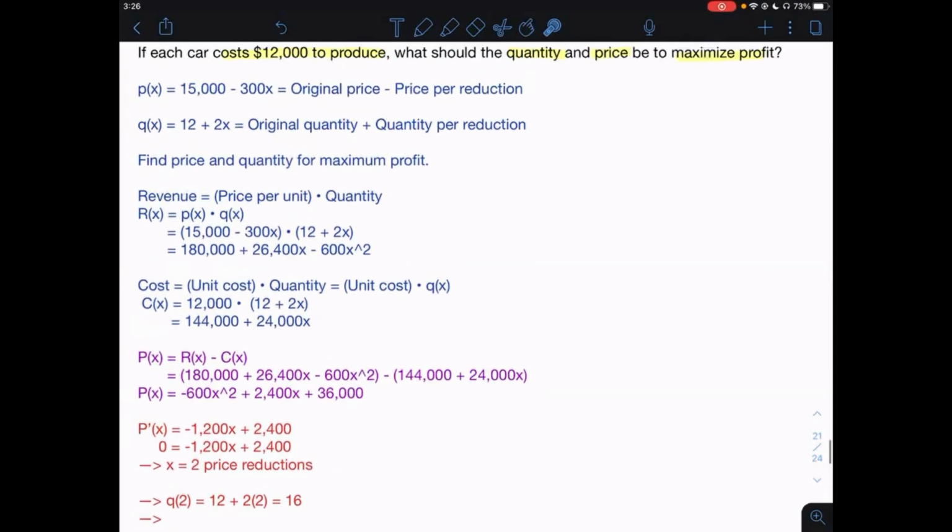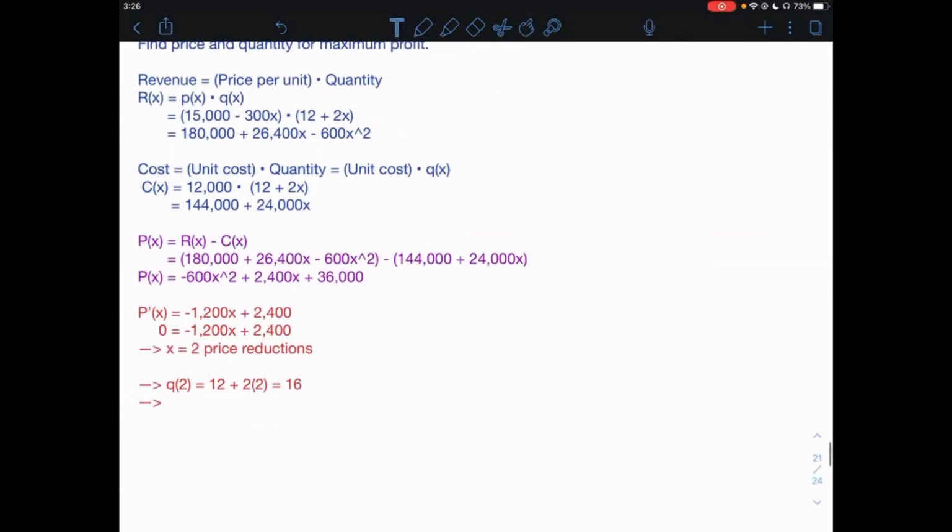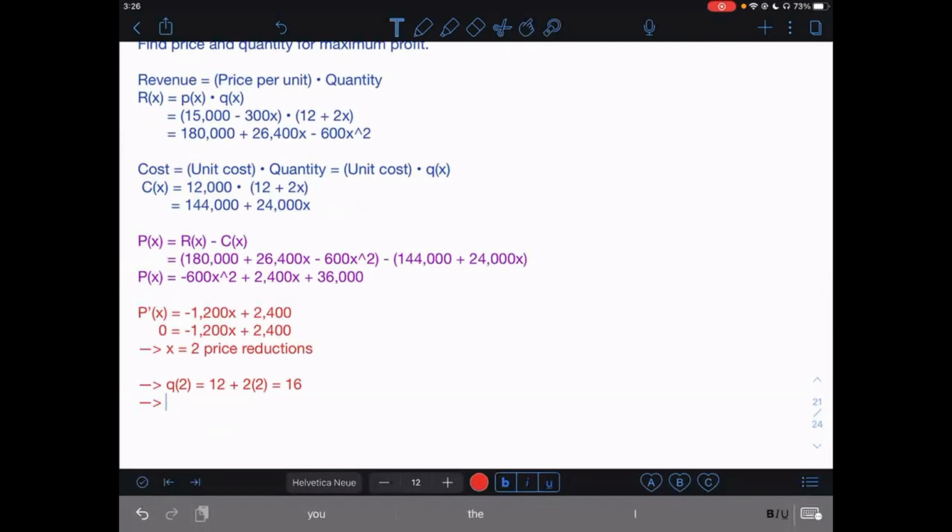So now we're going to take 2 and plug it into P of x here. We're going to evaluate our price function at 2. So P of 2. Our price function was 15,000 minus 300 times x, where x in this case will be 2. So 15,000 minus 300 times 2 gives us a price of 14,400.